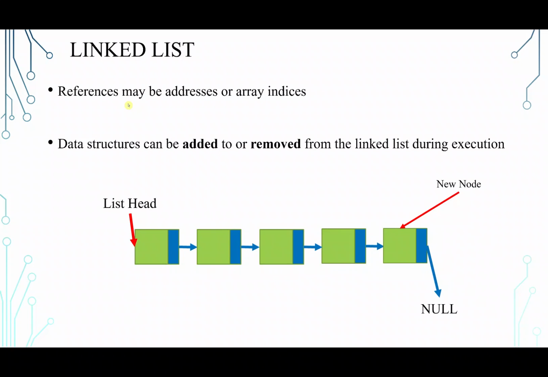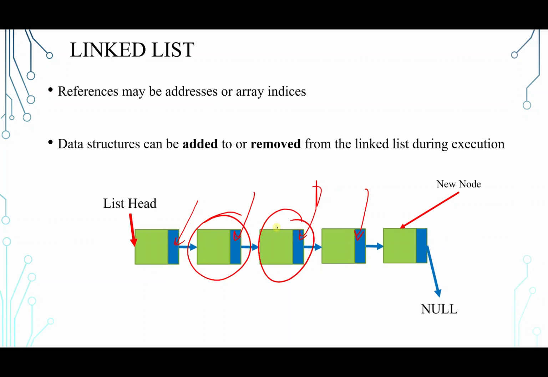Let's now talk about the linked list operations. The references may be addresses or array indices. Mostly, those are going to be addresses: the address of this object, the address of this object, and so on.